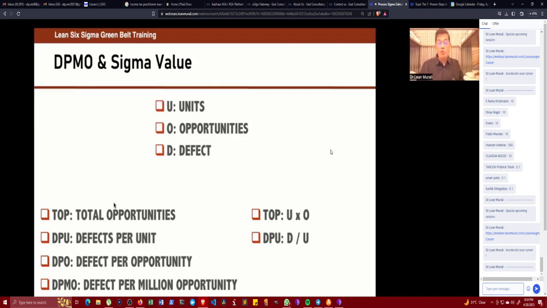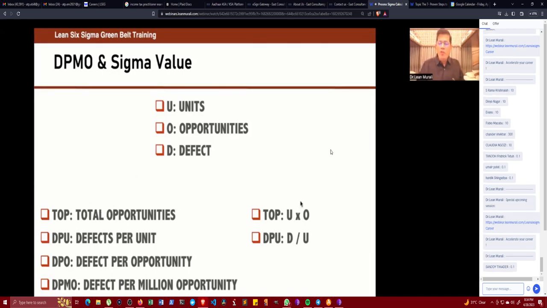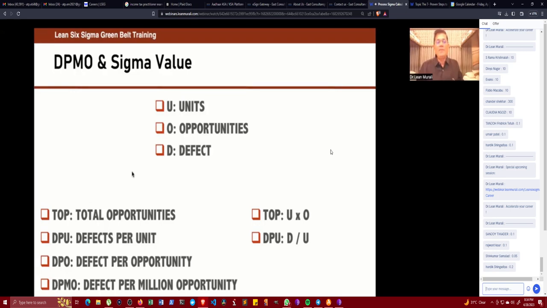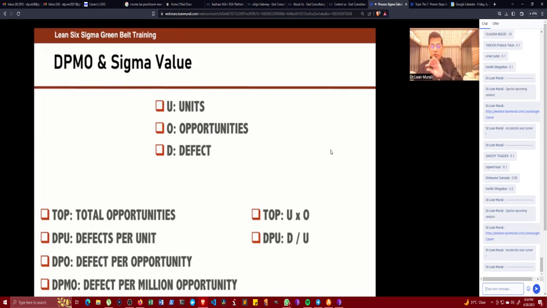Defect per opportunity. In the first step, total number of opportunities you have seen: 100 units and 2 opportunities, so 200 total opportunities. Now there are 10 defects, I said. What is the defect per opportunity? So 10 defects and total number of opportunities is 200.